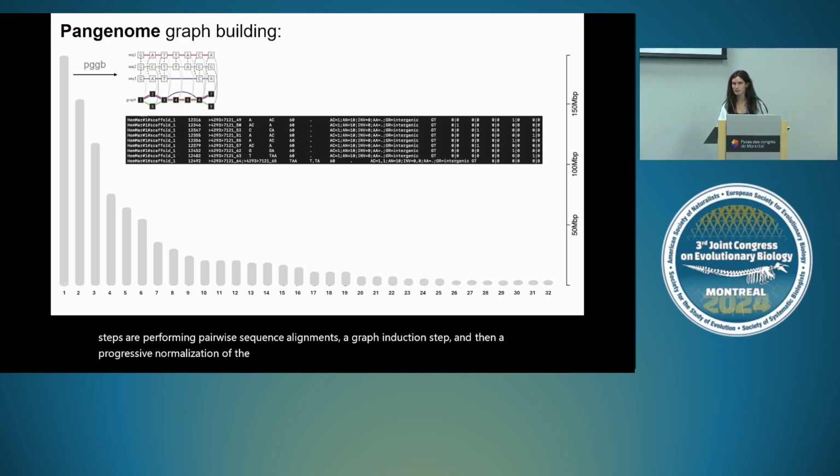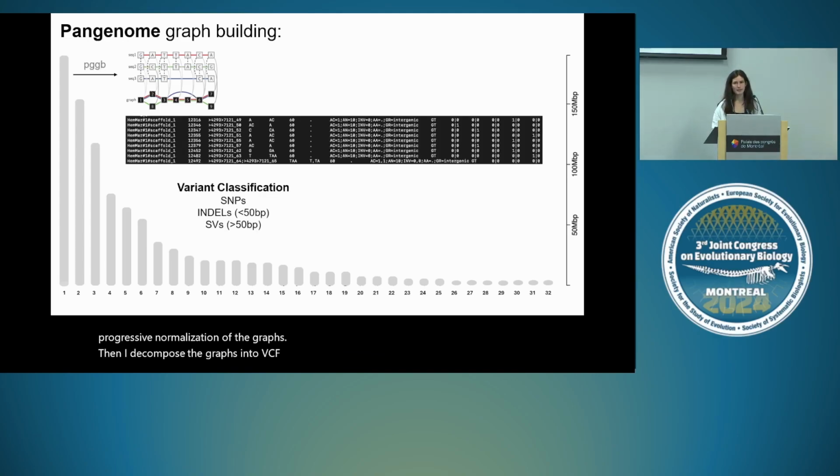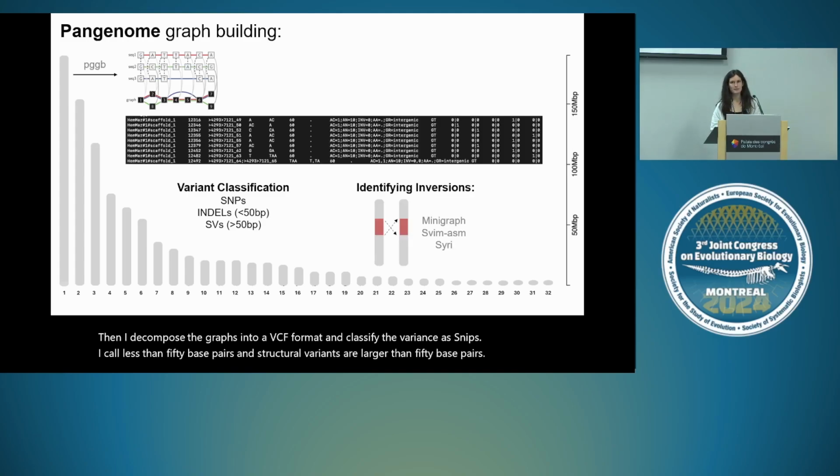Then I decompose the graphs into a VCF format and classify the variants as SNPs. Indels I call less than 50 base pairs, and structural variants are larger than 50 base pairs. And then also use several programs to aid in inversion discovery. Minigraph is another graph builder, and SVIM and SVIM-asm are assembly-based structural variant callers.